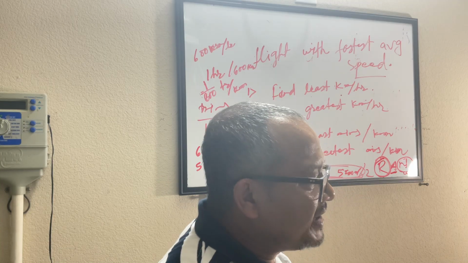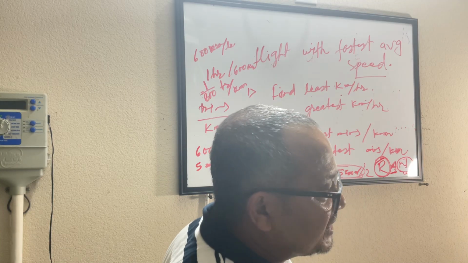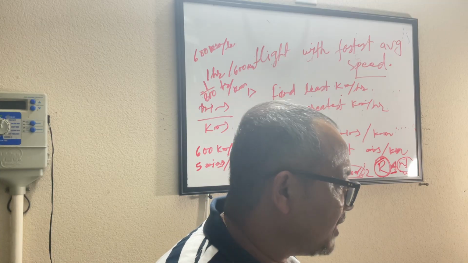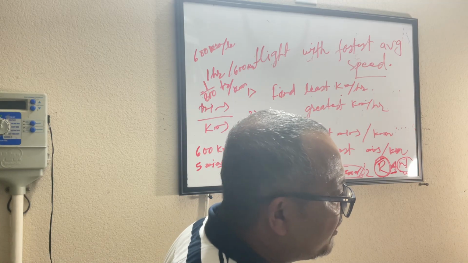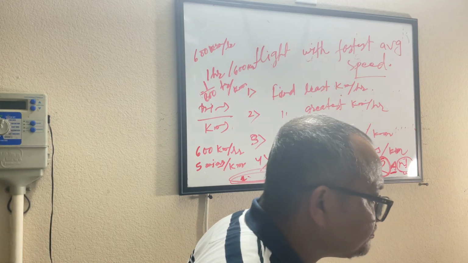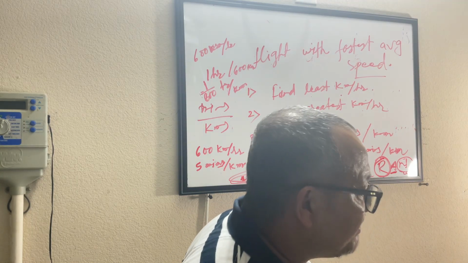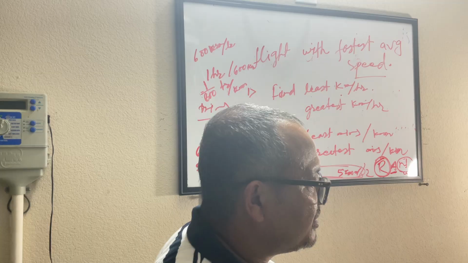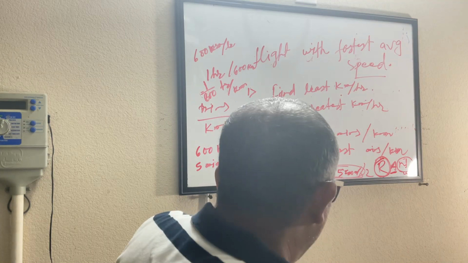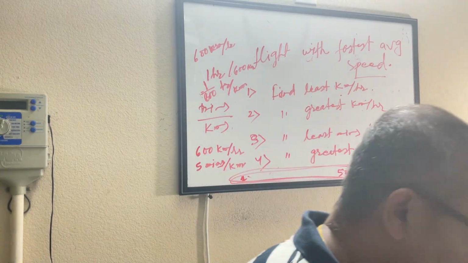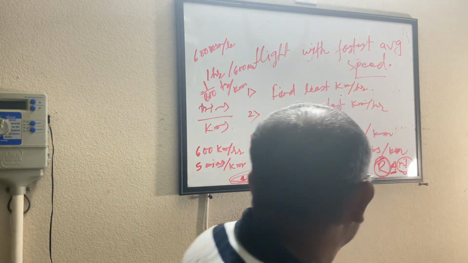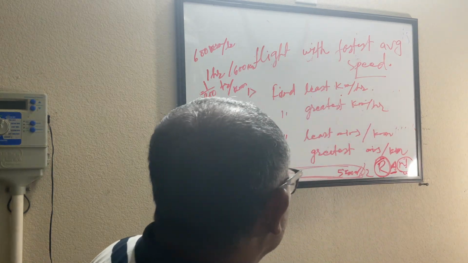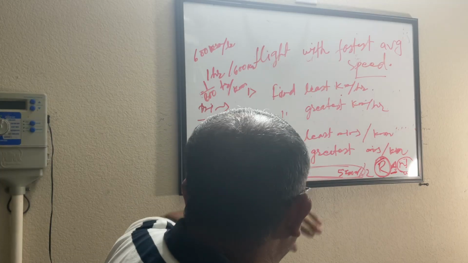I can say I am going at 70 miles per hour, or I am going at 1 minute per mile. Meaning every mile I am covering in 1 minute. Yeah? Does that make sense to everybody? So now out of the 4 options, many of you, sorry.